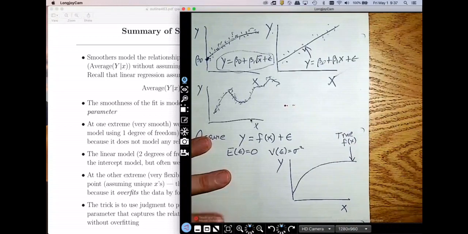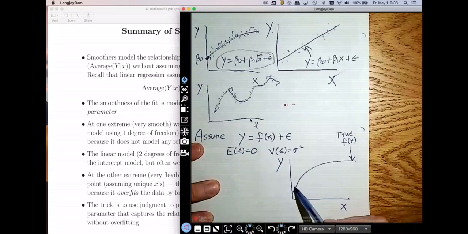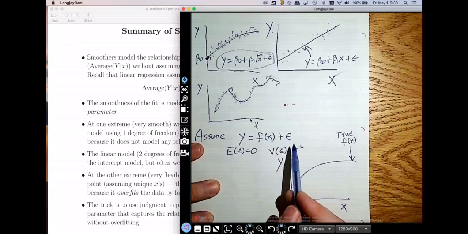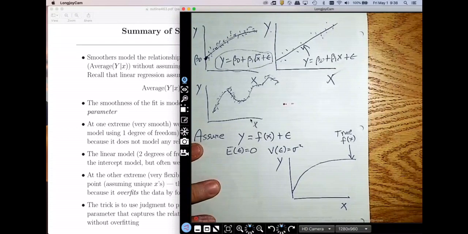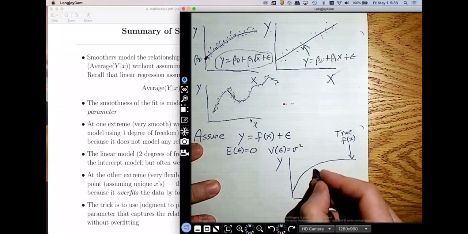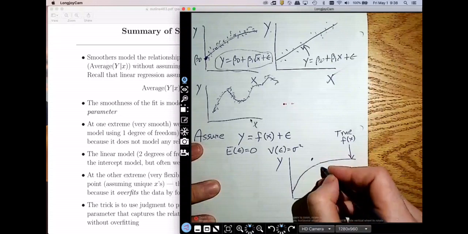But that's not my data. The data is going to be, for every x, I put it into this function, and then I add some random error to it. Now, I haven't assumed normality, but it's certainly nice if we have normal errors, but not necessary. Okay, so let's say I've got an x here. Here's my f at x. Give myself some error. Here's another x.